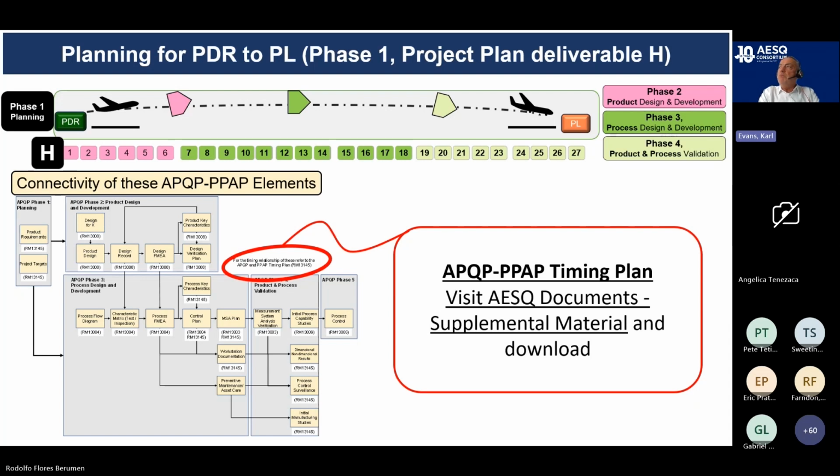We want to present a flight path through APQP that brings these, some people call them tools, we refer to them in APQP as elements. They're key deliverables, and there's a set of these. In the application of APQP, you can operate left to right, and you can apply these elements.